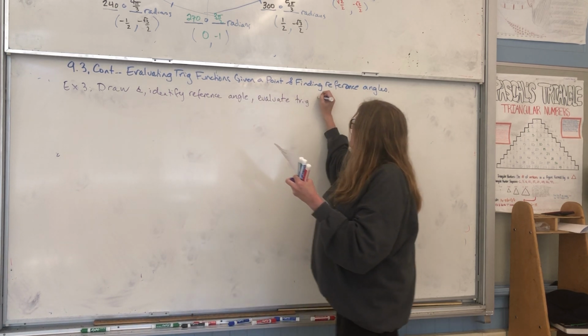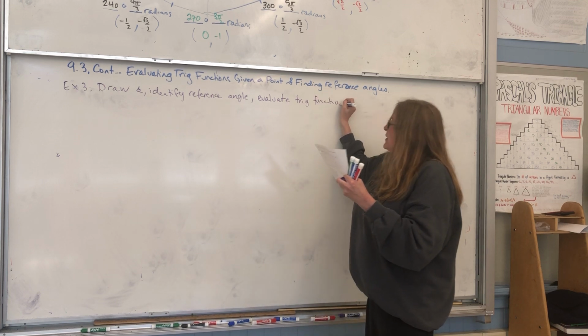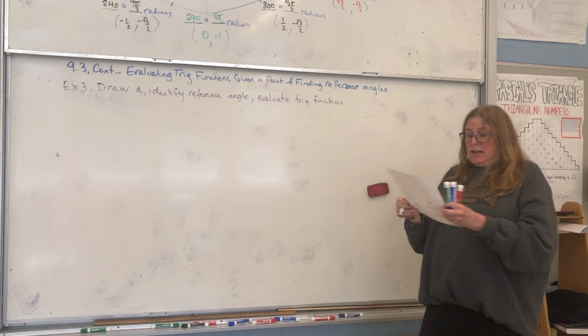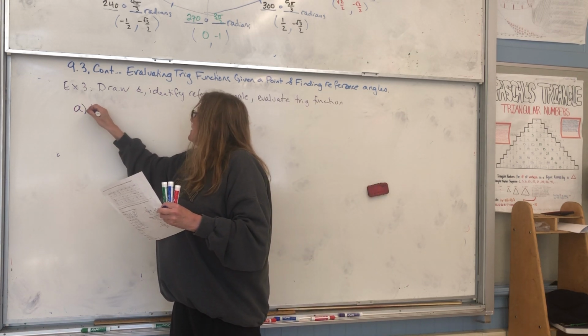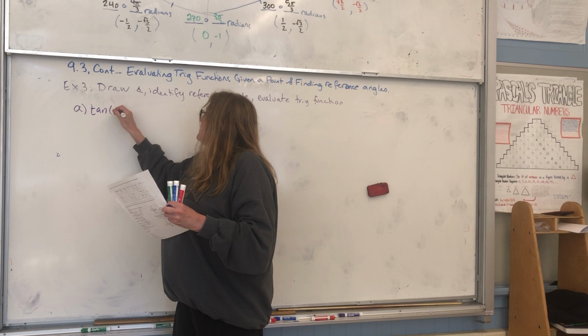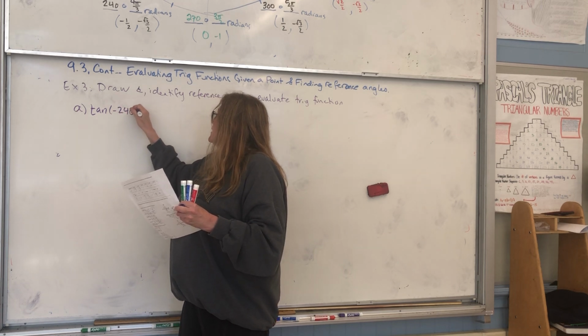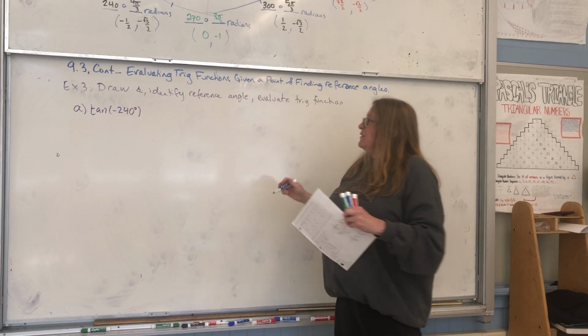So we're doing the same thing we did in the last example, but we're going to take an extra step. So the first thing they want me to do here is tangent of negative 240 degrees.